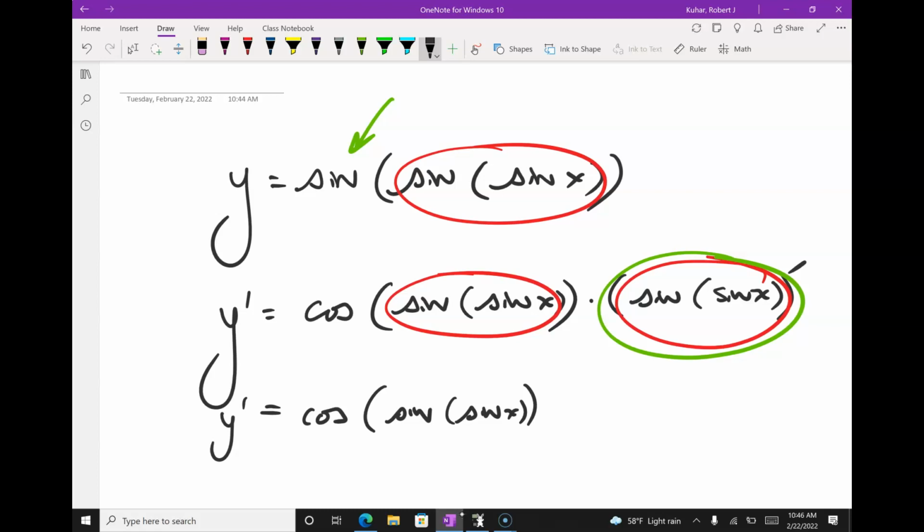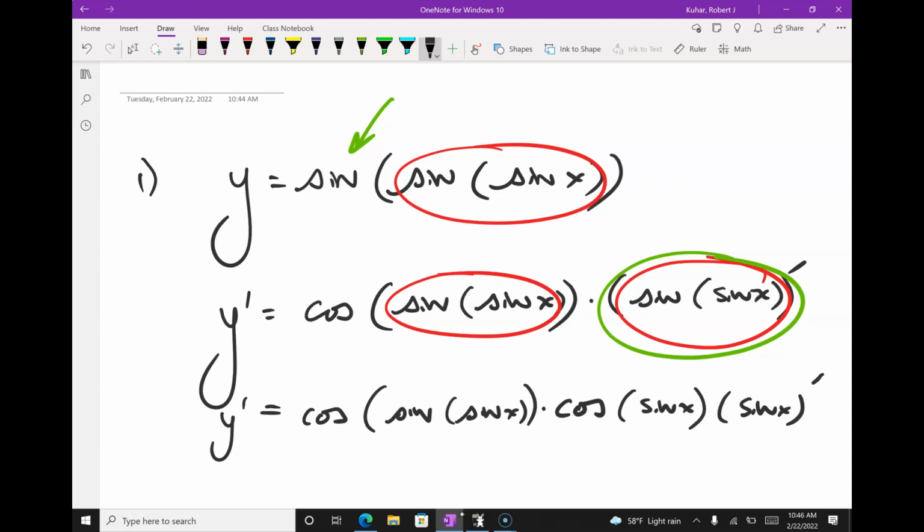What's the outside function there? Sine, so the derivative is cosine, and keep the sine inside, and then take the derivative of the inside. So in line 1, I've got an outside function of sine, and an inside function of sine of x.